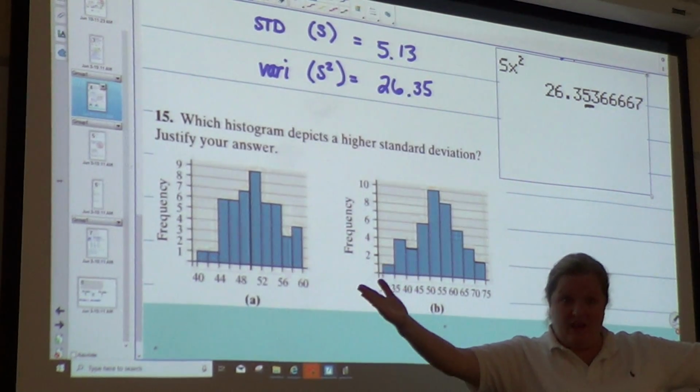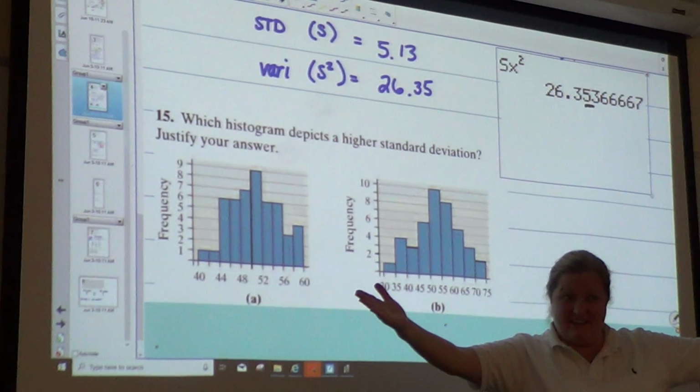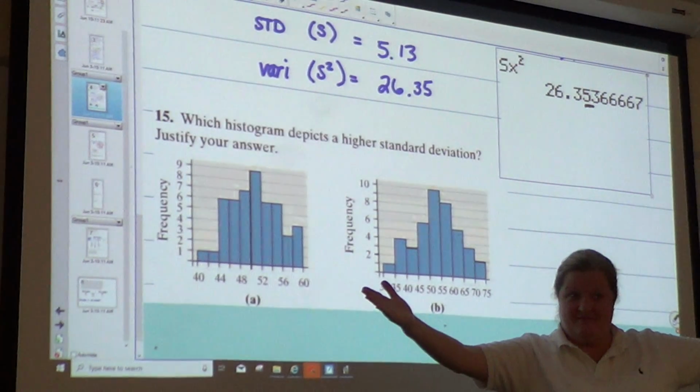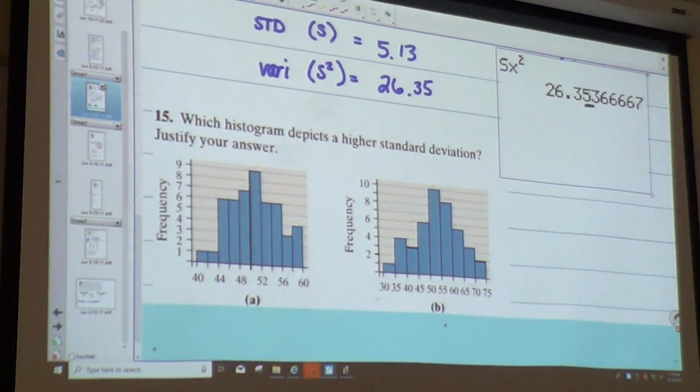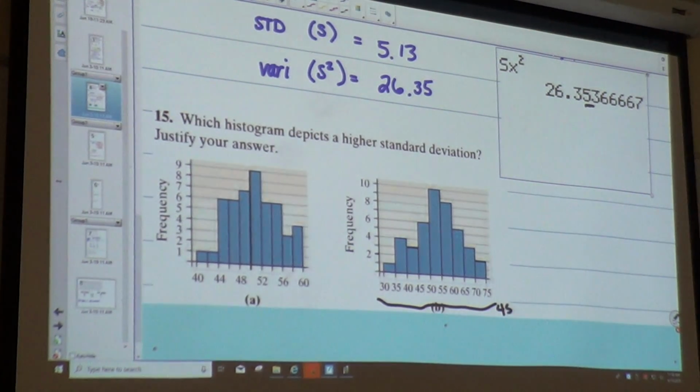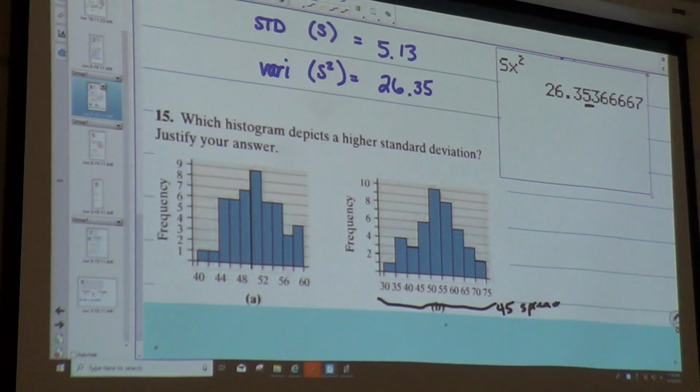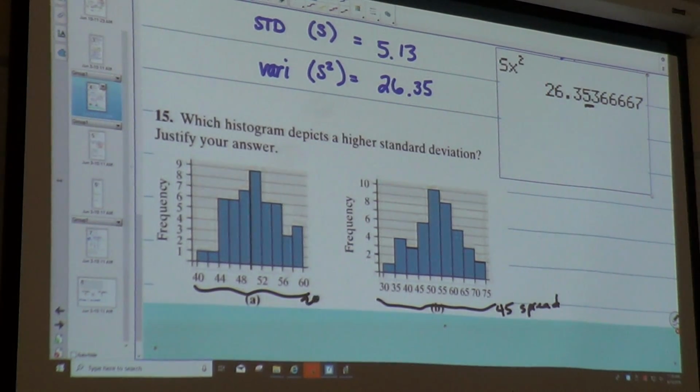The more you spread, the higher you are to get a STD. Okay? This one has a wider spread. That one has a 45 spread. This one has a 20 spread.